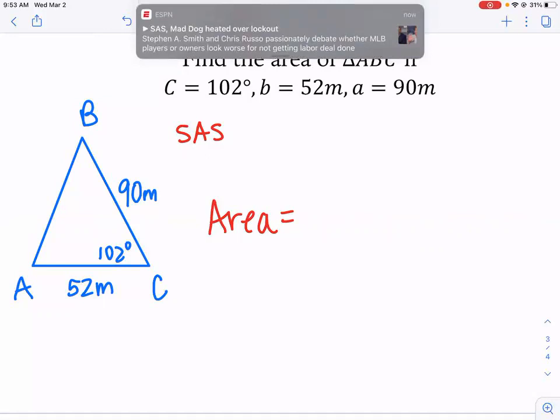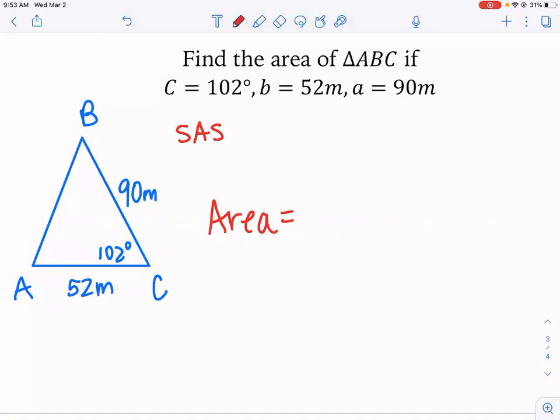Okay. So what we're going to do to find the area is take 1/2 times the two sides times the sine of the angle that is in between.